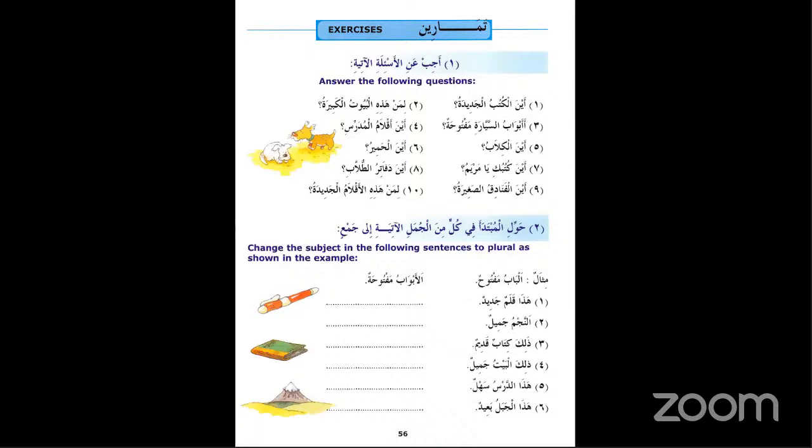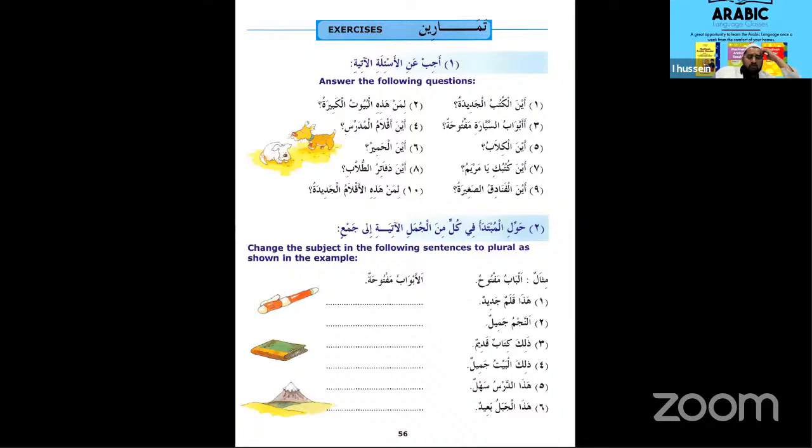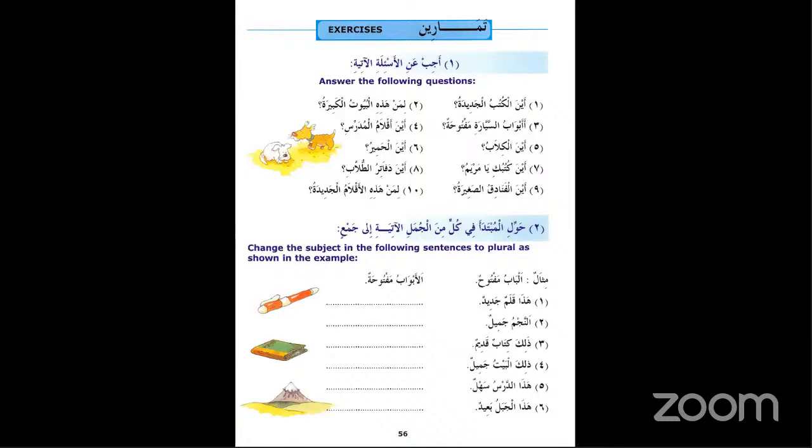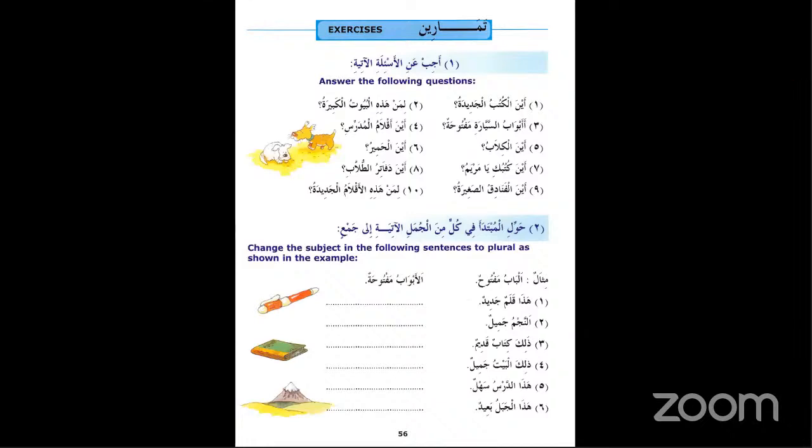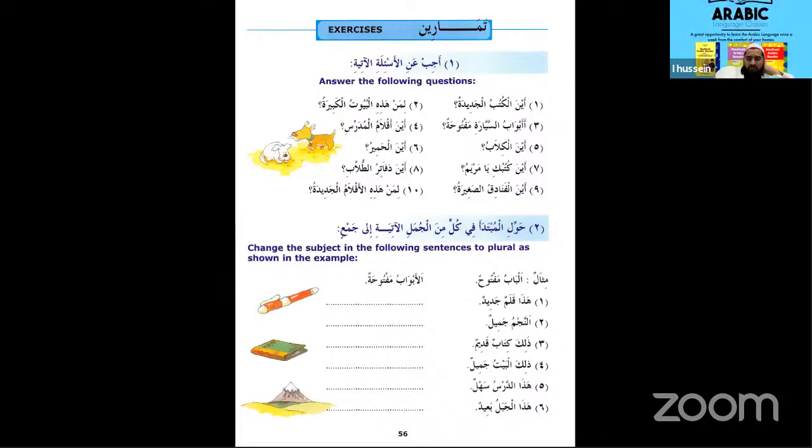Here al buyutul kabiratu lil mudiri. So هذه البيوت الكبيرة للمدير, for the manager. That's correct. Number 3. Abwabu sayyarati maftuhatun. Are the doors of the cars open? Na'am. The doors of the car are open. Excellent. Can you choose the next student to come on the mic?